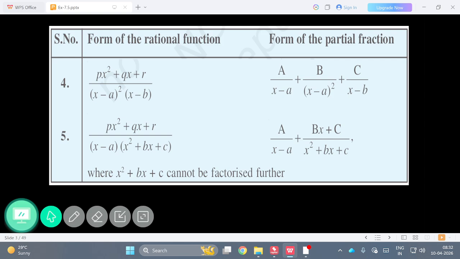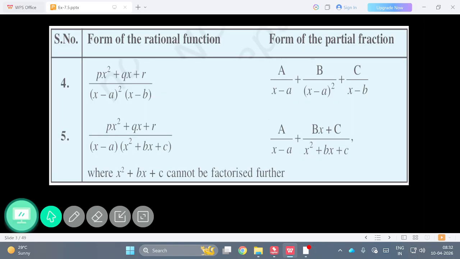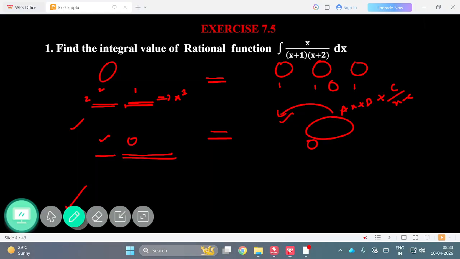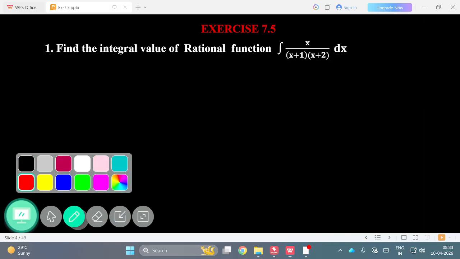After that we are going to do the exercise. Exercise 7.5, first question. Listen students, find the value of the rational function. What is p of x by q of x?